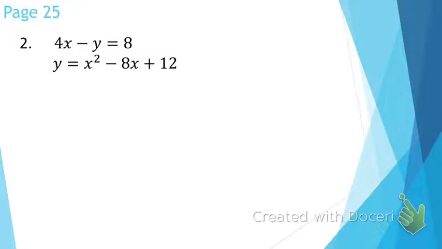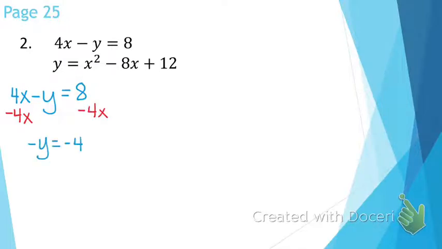So the first thing we need to do is take this 4x minus y. So we're going to subtract the 4x. So negative y equals negative 4x plus 8. And then we have to get rid of that negative.